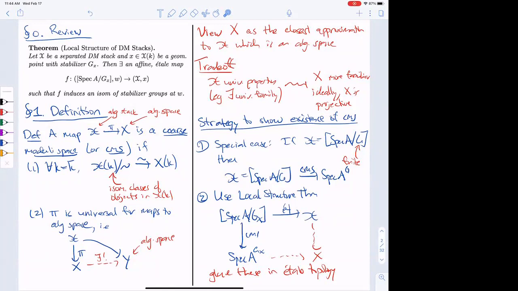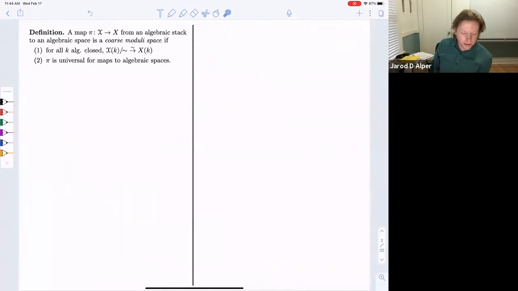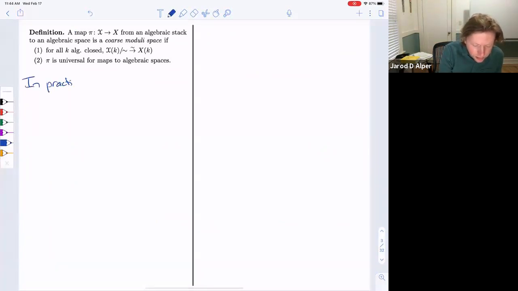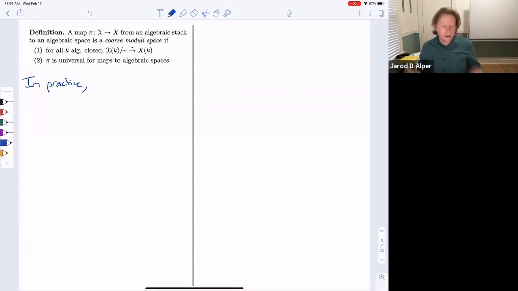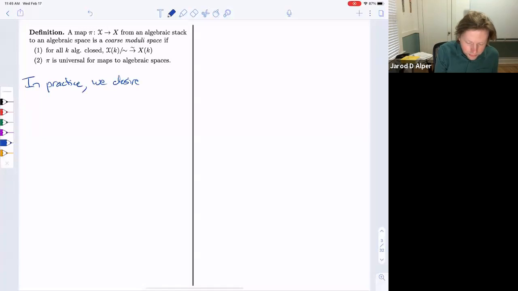Okay, so moving on. I recalled at the top the definition of a coarse moduli space, just these two properties. But in practice, these conditions alone are actually not always sufficient for your purposes. In practice, we desire stronger properties.